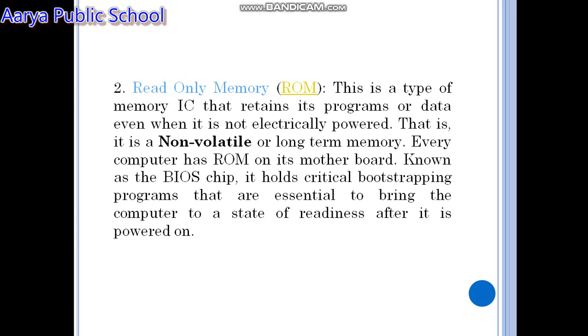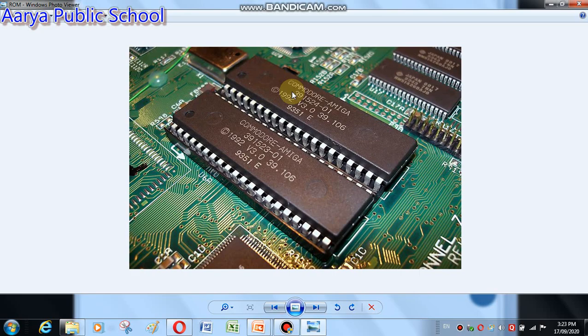Then next, read only memory. ROM means read only memory. This is another type of primary memory.